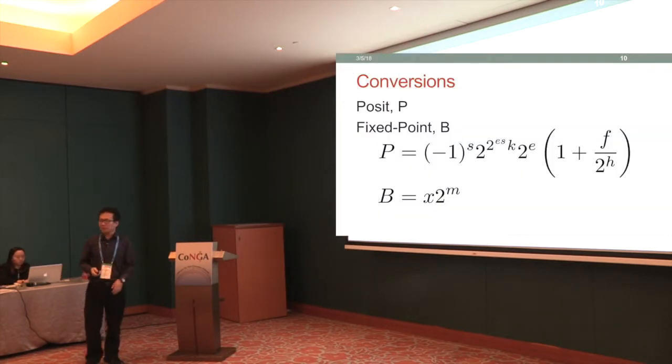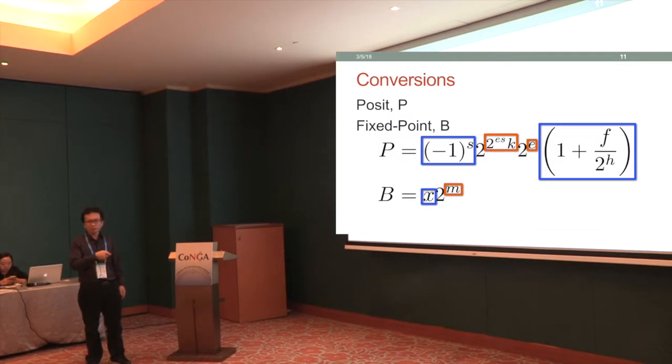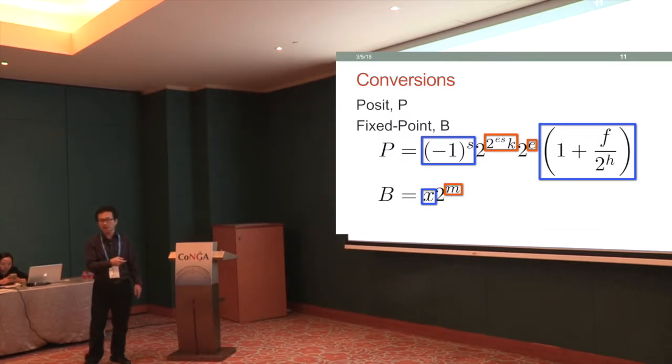So for normal posits, we rely on these two definitions, the posit definition and the fixed point definition, and all the parameters in the formulas are integers. We convert posit to fixed point number. If we group the exponent part and the non-exponent part, we can easily see the relationships.